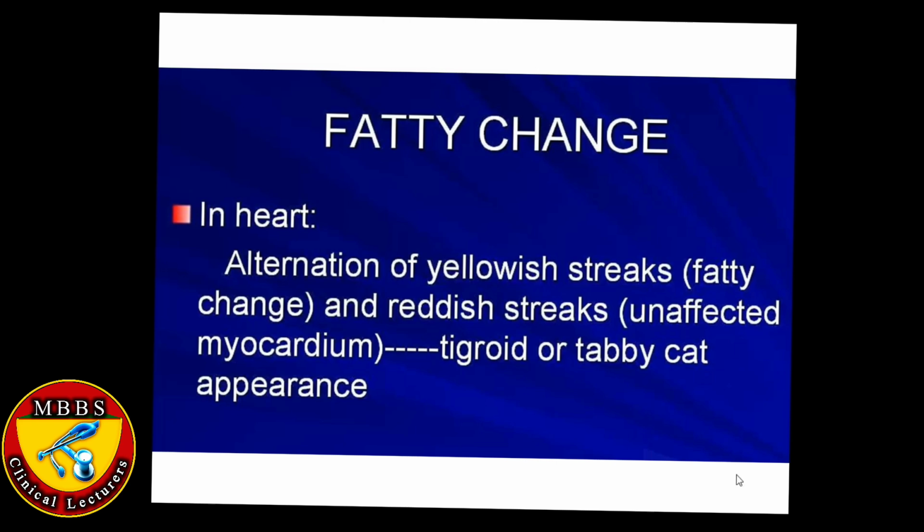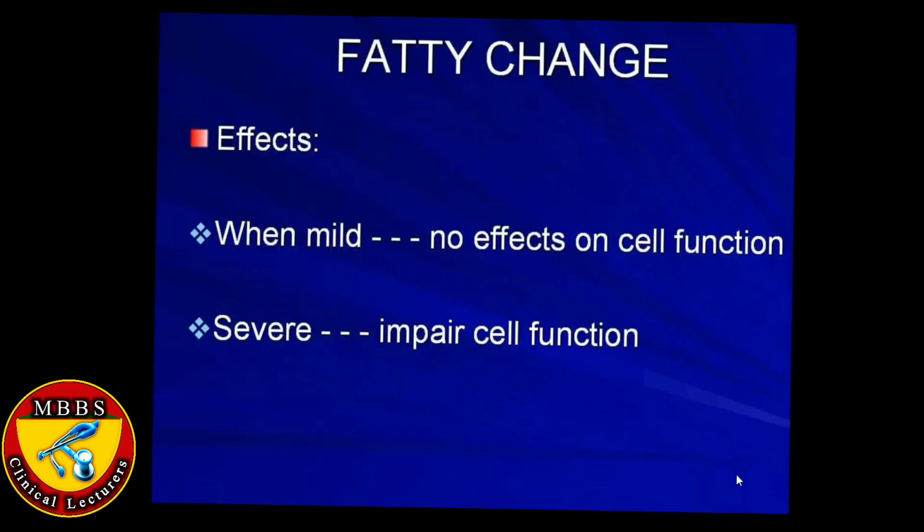So we call this the tigroid or tabby cat appearance in the cardiac muscle where the fat gets deposited. Fatty change, if mild, has no effect on cellular function. When it is deposited more in the cells, then it can impair the cellular function.